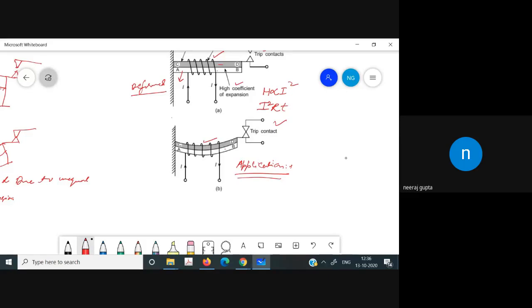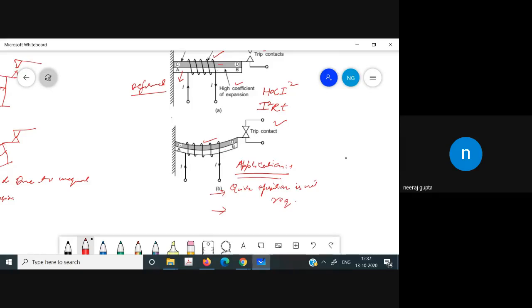However, since it takes some amount of time to bend, we generally use it to provide protection in systems in which quick operation is not required, because it has some thermal inertia and will take some time to bend.